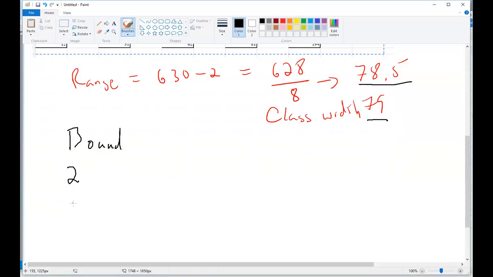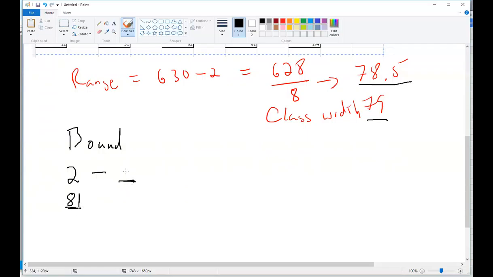It's a little tricky, and this is what I recommend you do: we're not going to come up with the upper part of that bound first. We're going to find the next lower limit. So I'm going to add 79, because that's the class width, to the lower limit of my first class. That gives me a lower limit of my next class of 81, if I'm doing the arithmetic right.